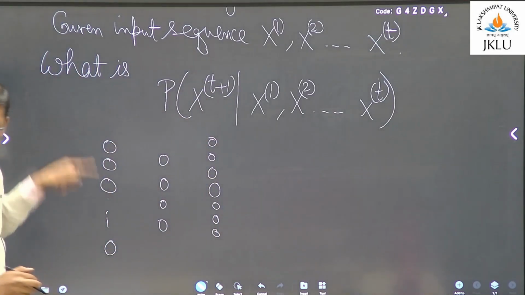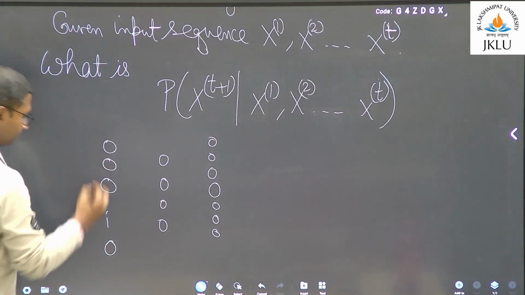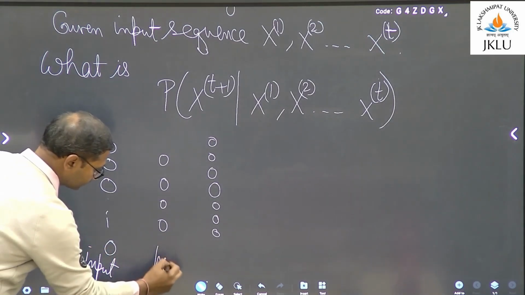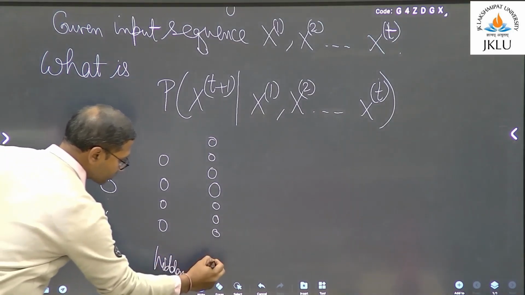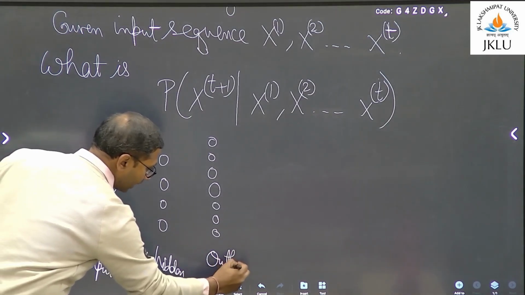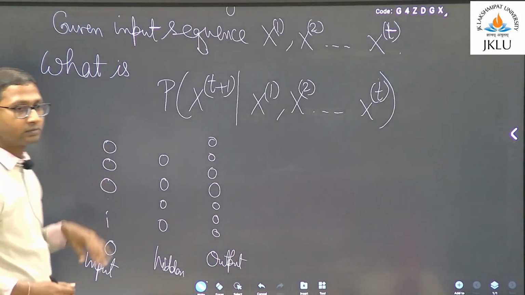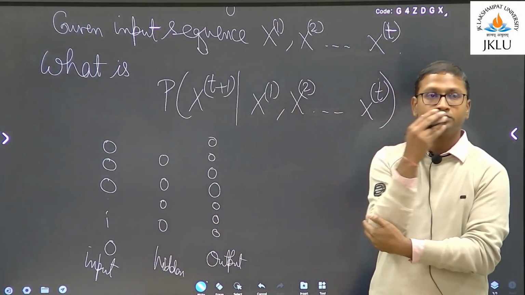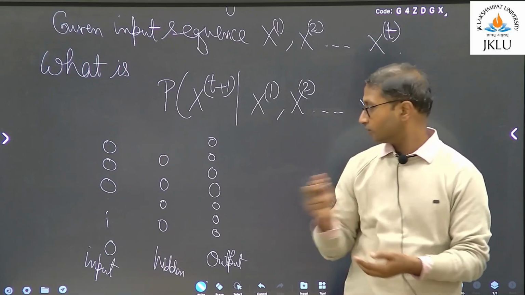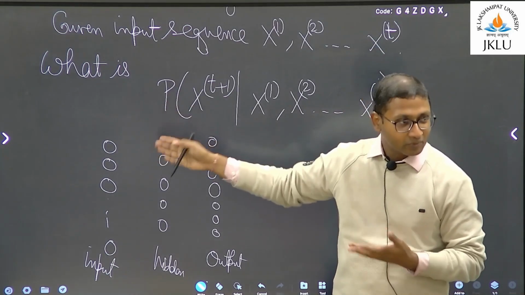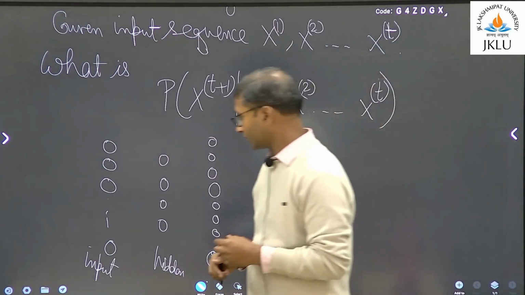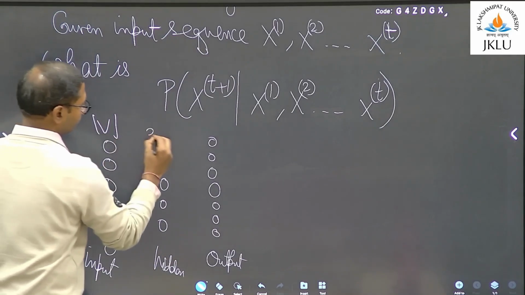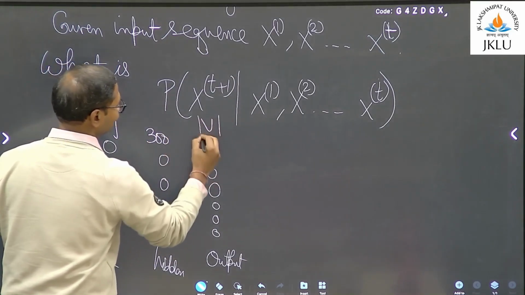Okay, so this is my input layer. This is my hidden layer and this is my output layer. How many neurons will be there? You have to give me this architecture. Mod V, everybody agrees?